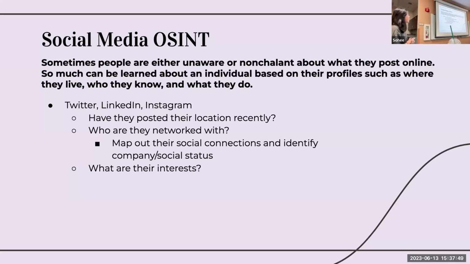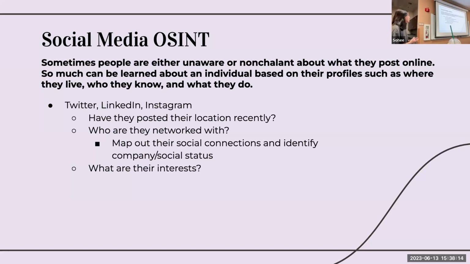Some questions to ask are, have they posted their location recently, right? Are they traveling somewhere? And who are they going with? This is really important to know. Who are they networked with? On LinkedIn, you can see who they added, so you can see where they're working and their job title.